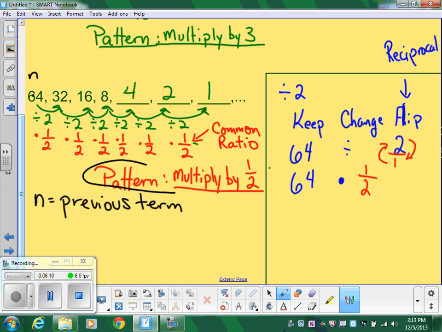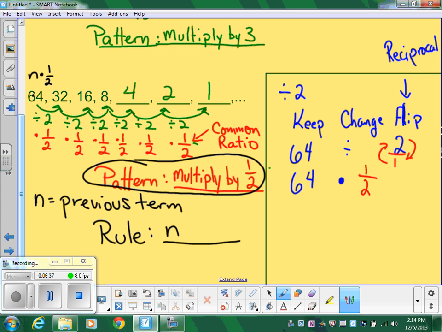Follow our pattern, which tells us take n and multiply it by 1/2. That would bring us to the next term. And we could do that following. Take 32, put that in place of n, multiply it by 1/2, and we have 16. So our rule, in this case, is the previous term multiplied by the common ratio of 1/2.